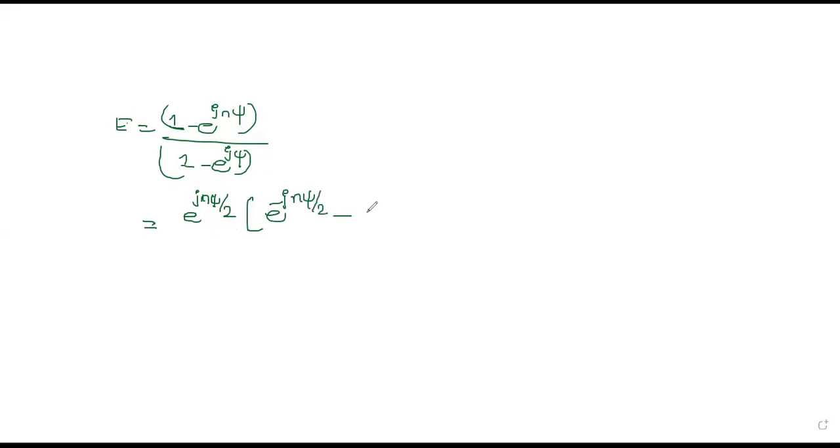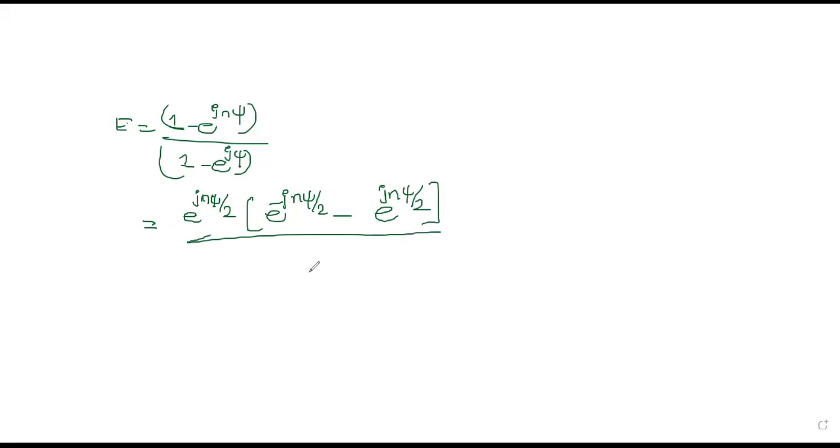What will be the term which is remaining here? The same term, right? e to the power j n psi by 2 plus e to the power j n psi by 2 will be 2j n psi by 2. 2 gets cancelled. Whatever you take, the same term, negative, or if it is positive, it will be positive remaining here. So it is e to the power j n psi by 2.